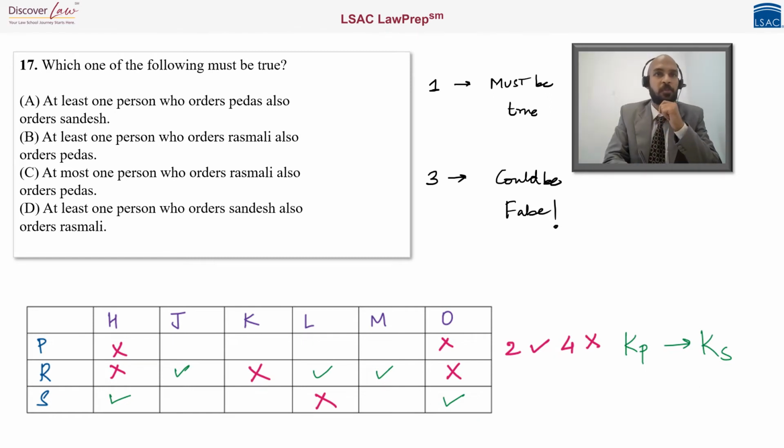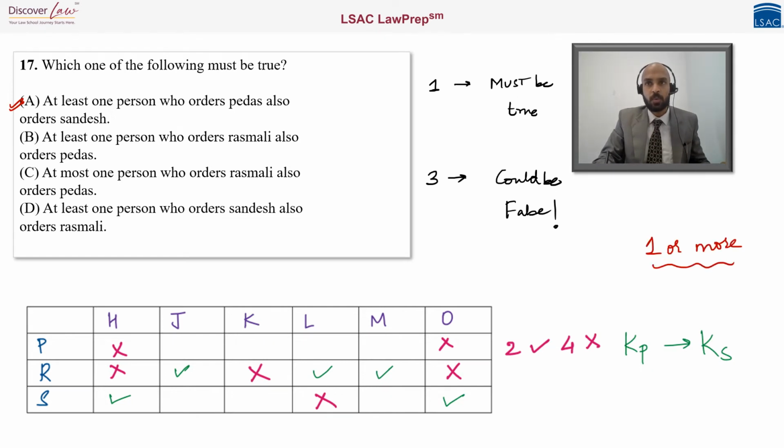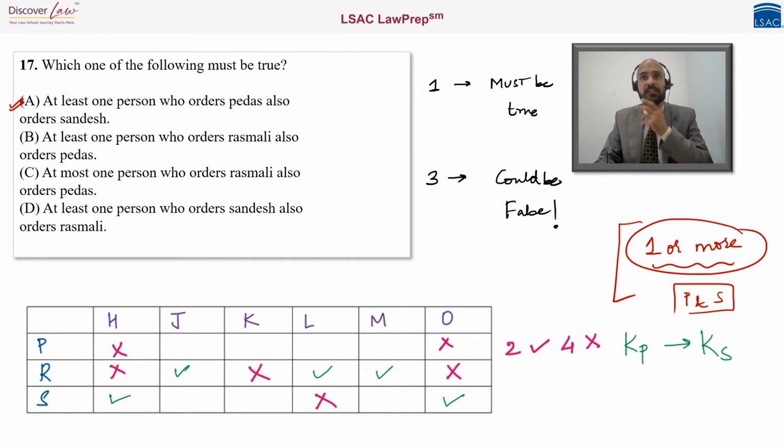Let's pick the first option, A. It says at least one person who orders pedas also orders sandesh. So it's saying that one or more, that's what the meaning of at least one is. One or more persons order P and S. This is what option A is saying.